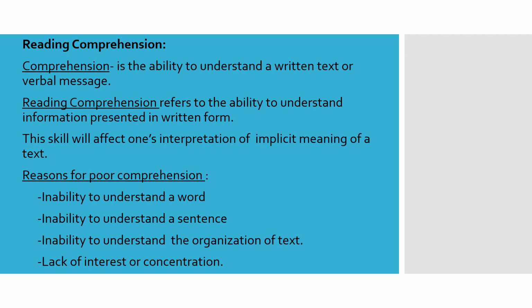One is for sure the vocabulary. When we do not have a rich vocabulary, then we are not able to understand the text. All right. And then when you are not able to understand a sentence. What is a sentence? It is a string or a chain of words which are put together to convey a specific meaning.